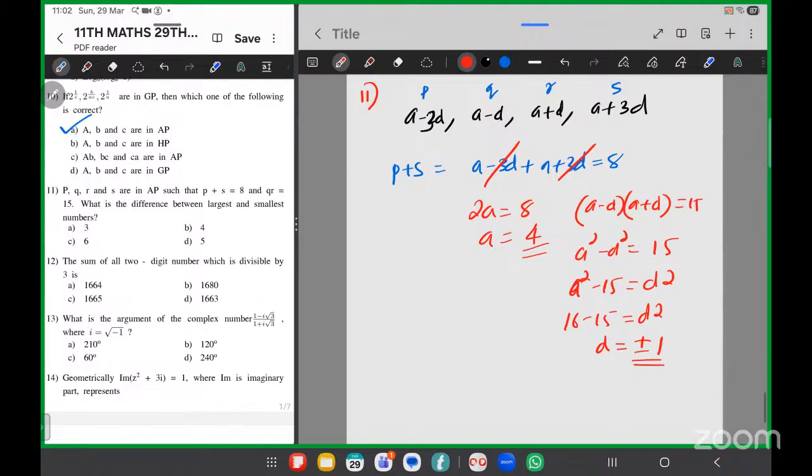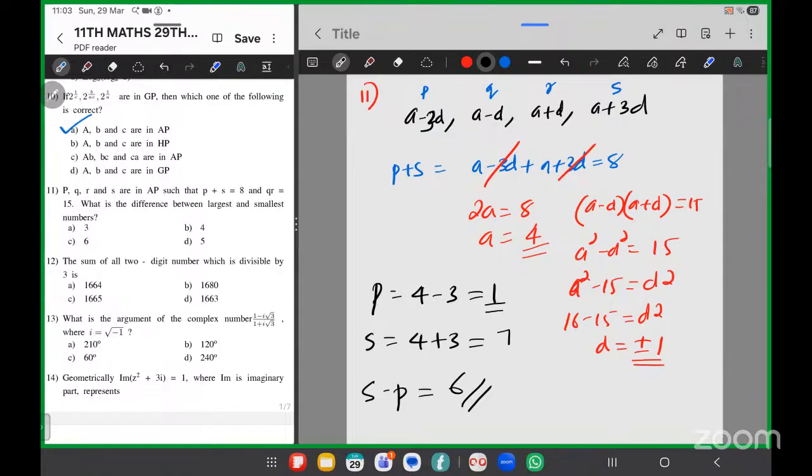So I can write सबसे बड़ा number P or S आएगा. So if you put D equal to 1, I can write P is equal to A minus 3D, means 4 minus 3, that is 1. S become 4 plus 3, 7. इन दोनों का difference क्या है? 7 minus 1, 6 आएगा.